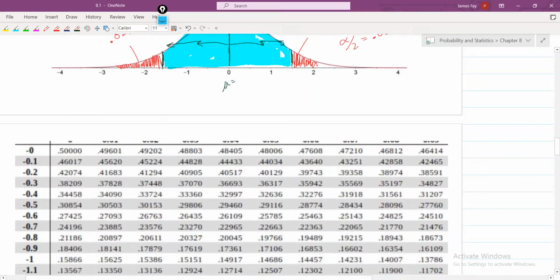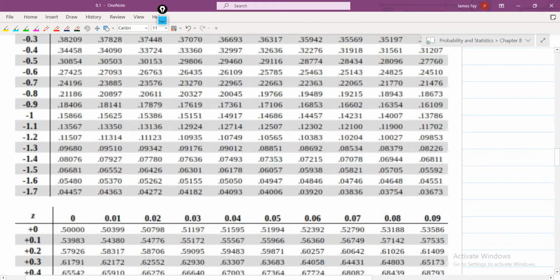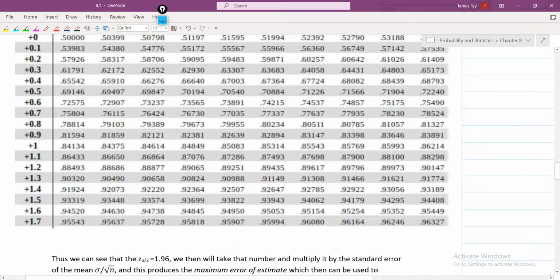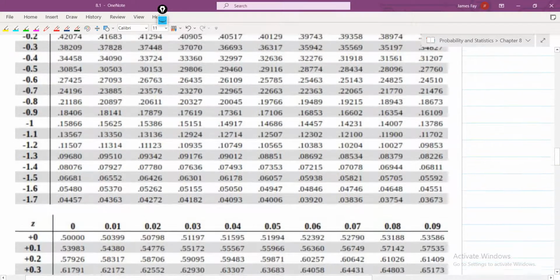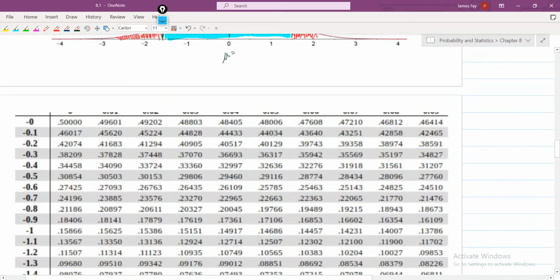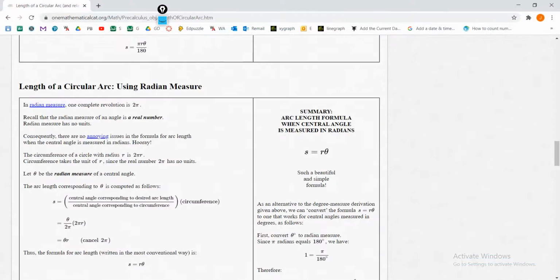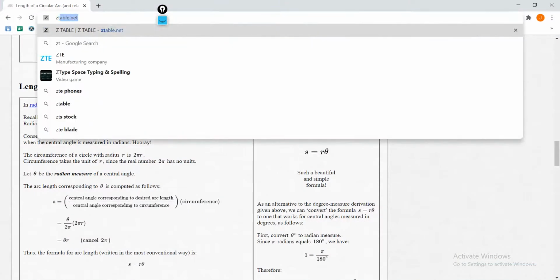I don't have the z table here. I think this is for a different quantity. Let me go back to the z table.